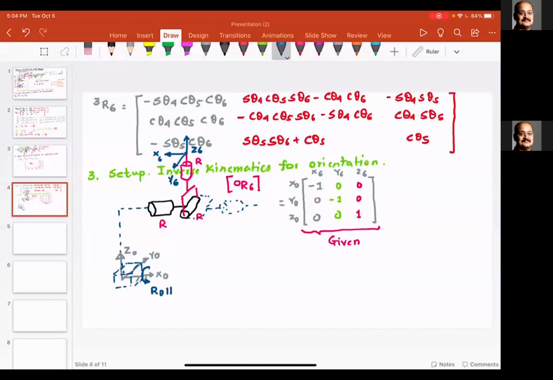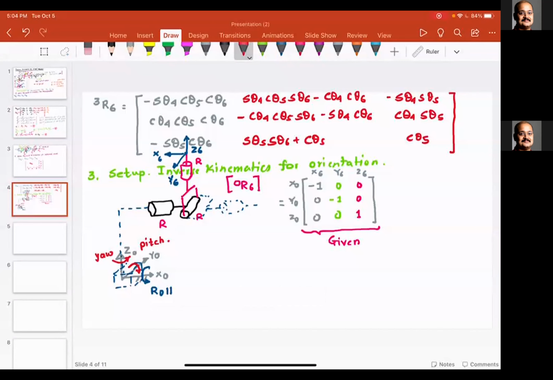This orientation, actually I showed it in the opposite direction, this orientation is pitch. And this orientation is yaw.